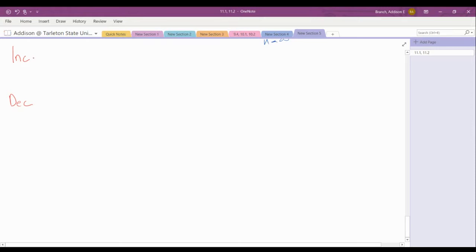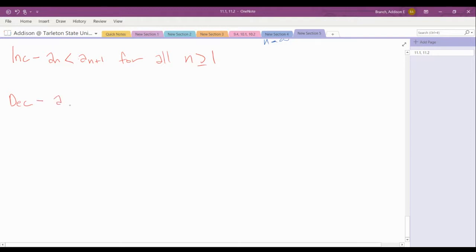If a sequence is increasing, that means our term a sub n is smaller than a sub n plus 1 for all values of n greater than or equal to 1. Essentially, it's pretty self-explanatory: each term is bigger than the last. Decreasing is pretty similar.